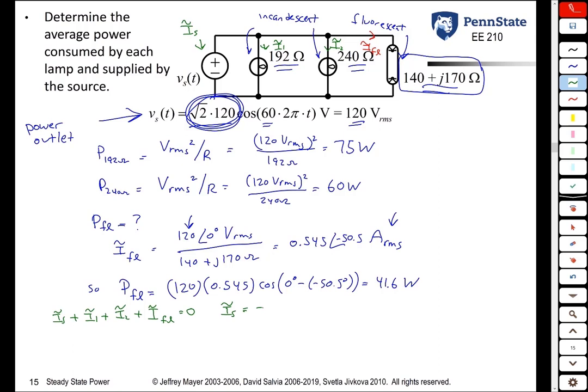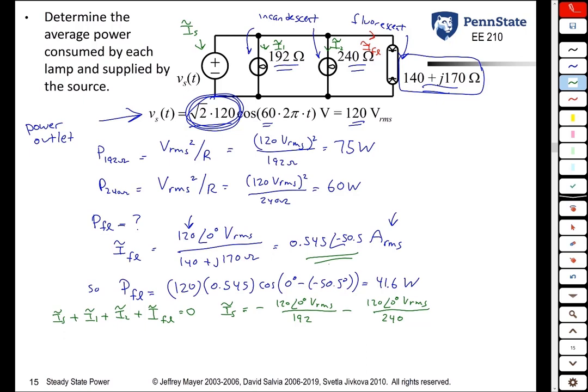So minus I1, the current through the 192 ohm resistor, is its voltage divided by its resistance. I2 is its voltage divided by its resistance. And the current through the fluorescent bulb we calculated previously, it's that.